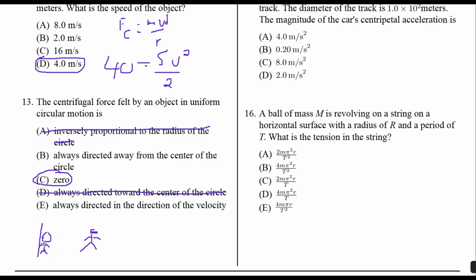So the idea is, well, if this person's staying at rest on the wall, if there's a centripetal force pulling him into the wall, then there must be an equal and opposite centrifugal force going out. In fact, centrifugal means away from the center. So centripetal means towards the center, centrifugal means away from the center. So the idea was that there was this equal and opposite force balancing the centripetal force in order to keep the object at rest, because objects at rest must be in equilibrium.